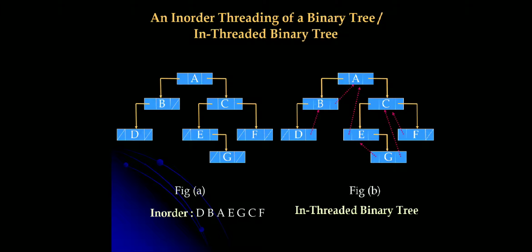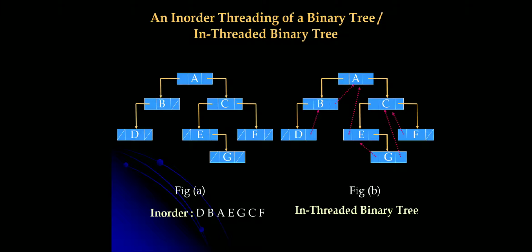Coming to the in-threaded binary tree, given the linked list representation of the binary tree and the in-order traversal, you can easily construct an in-threaded binary tree. So you know that threaded binary tree means we are replacing L child and R child fields with predecessor and successor node addresses.